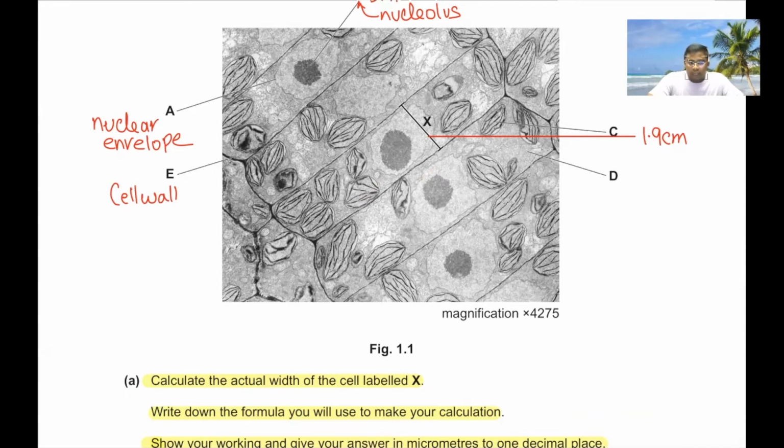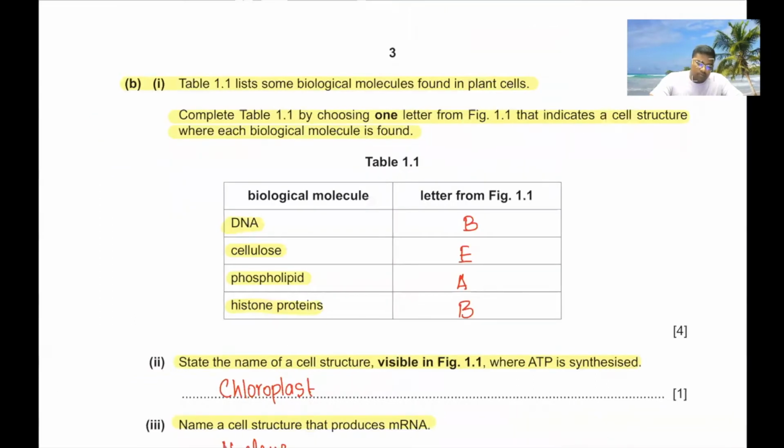And high magnification, higher than the light microscope, which is 4,275. The highest useful magnification for a light microscope is only 1500x, so it is more than that, and it is still very clear and visible. Thereby, this is a transmission electron micrograph.